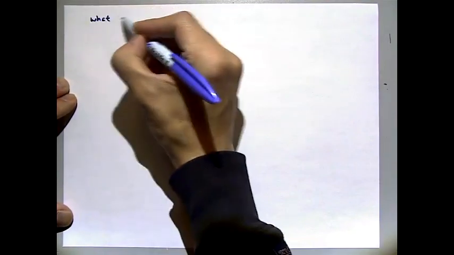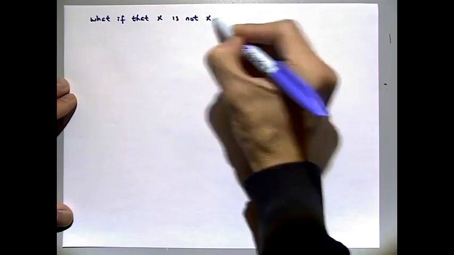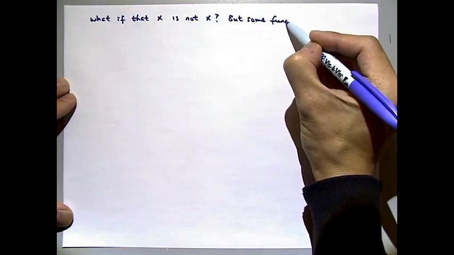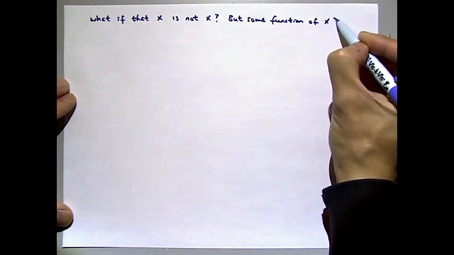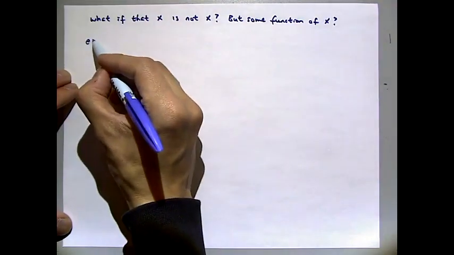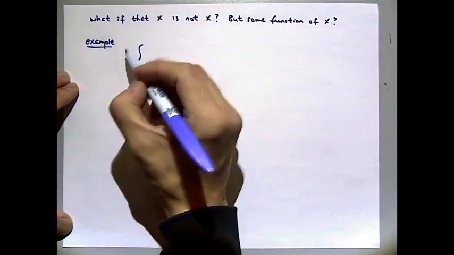Okay, now another little bit of a wrinkle. What if that x is not just x, but some other function of x? For example, let's say this thing is y.